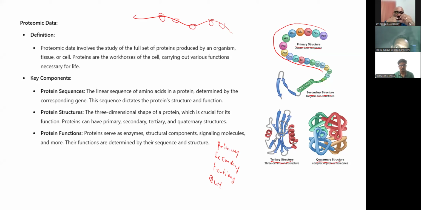Then it falls into substructures called secondary structures. The main types of secondary structures are alpha helices, the helices like this, and then flat structures like this, beta sheets.